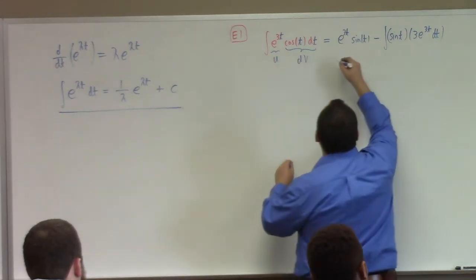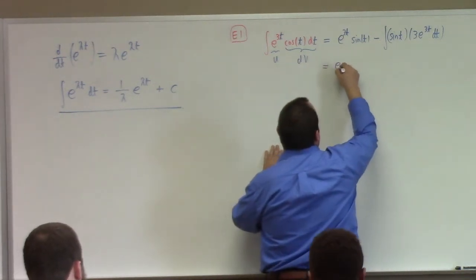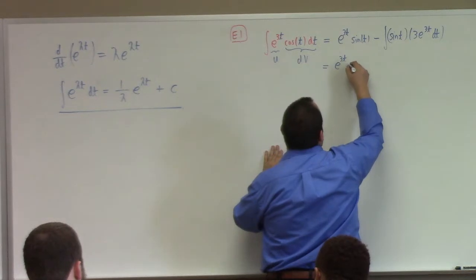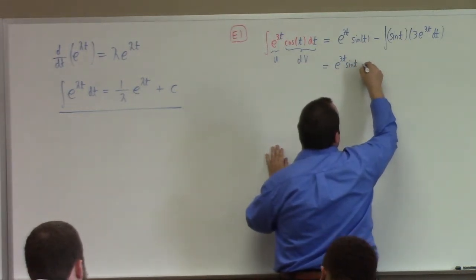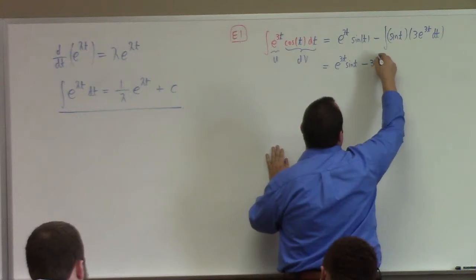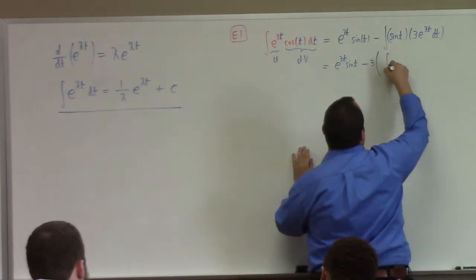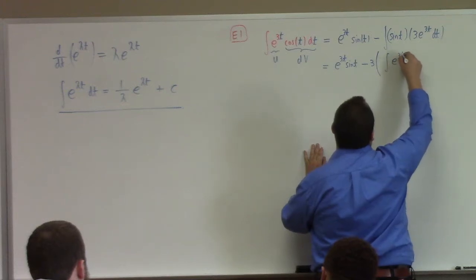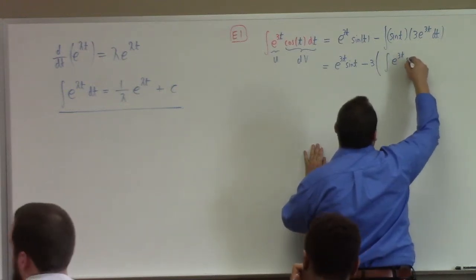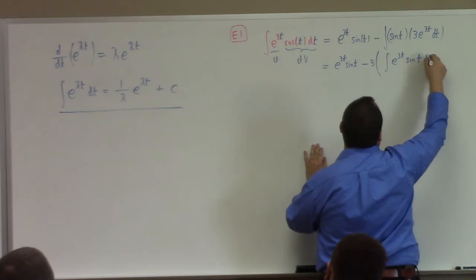Okay? So that gives me e to the 3t sine t minus 3 times, and I'll do parentheses, the integral of e to the 3t sine of t dt.